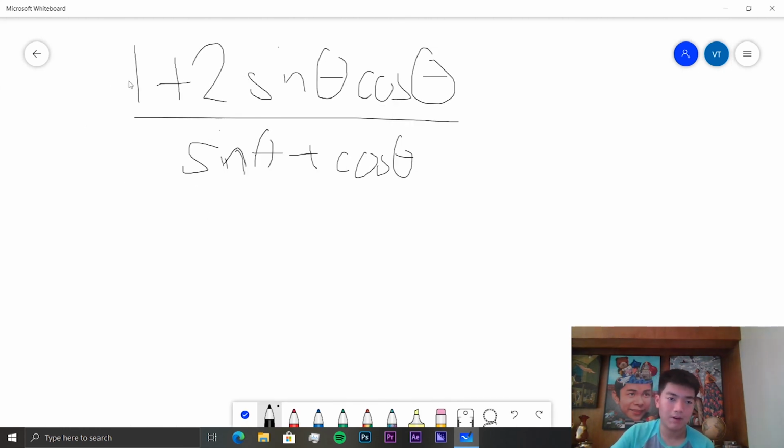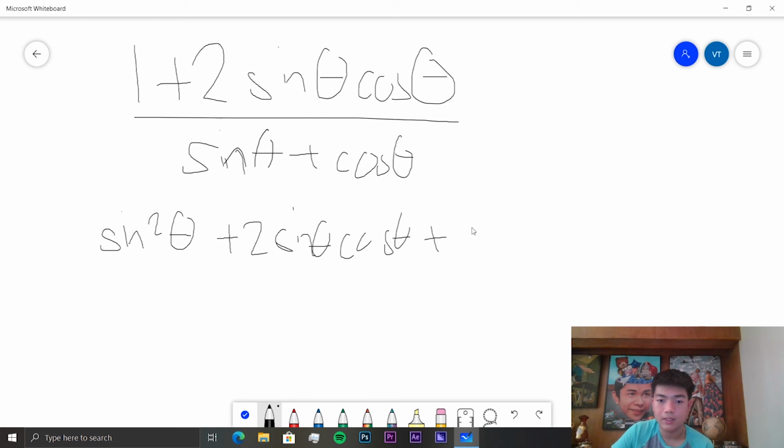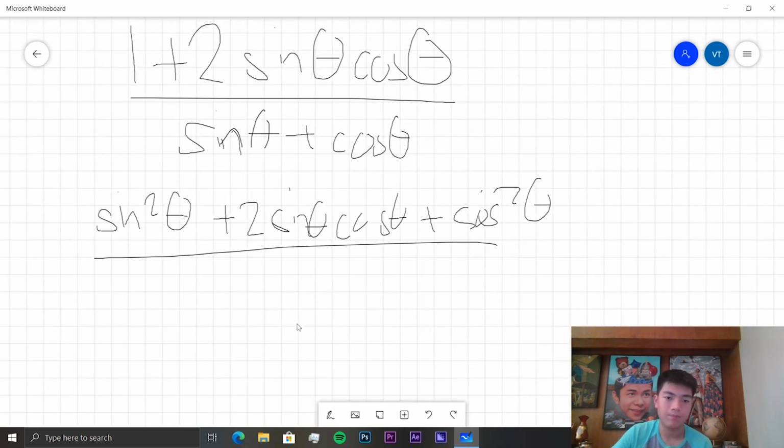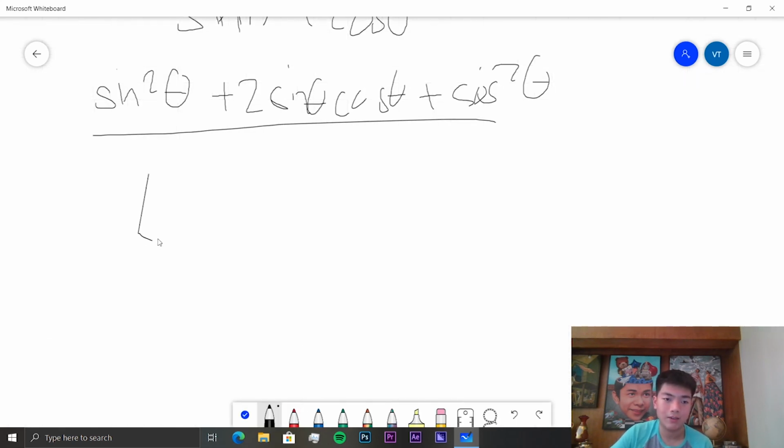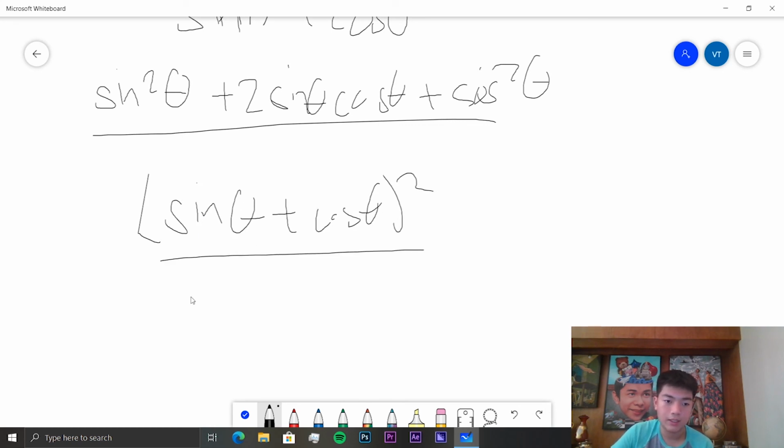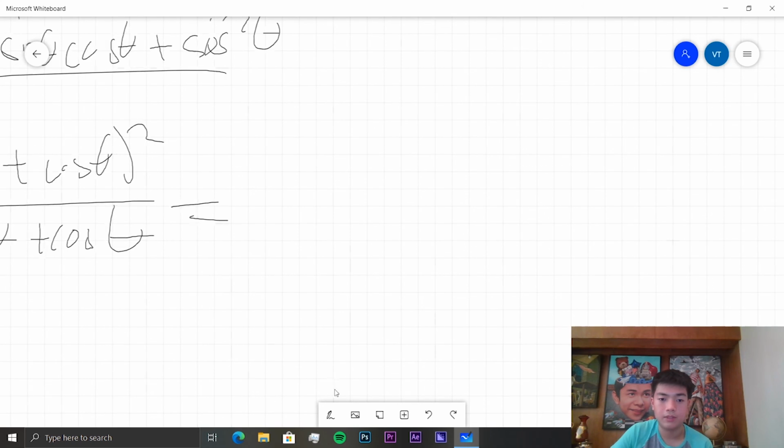So the top part, we can say 1 is equal to sine squared theta plus cosine squared theta. So we have sine squared theta plus 2 sine theta cosine theta plus cosine squared theta, all over sine theta plus cosine theta. But we know this top actually factors into sine theta plus cosine theta, squared. And since this is over the same thing, this is simply equal to sine theta plus cosine theta.